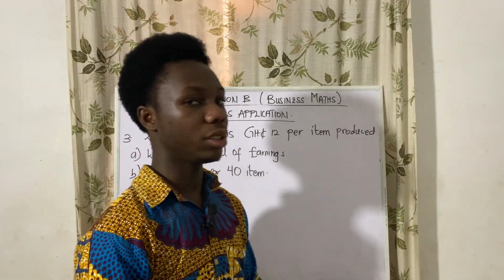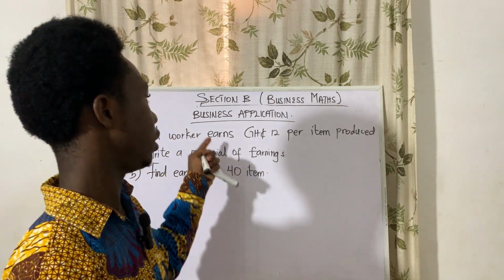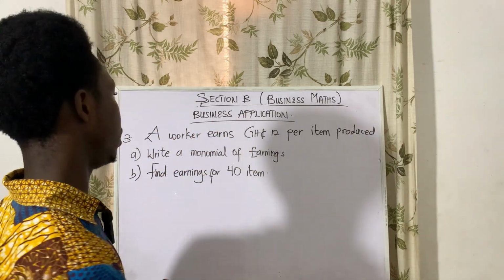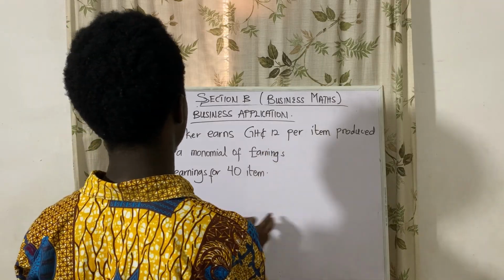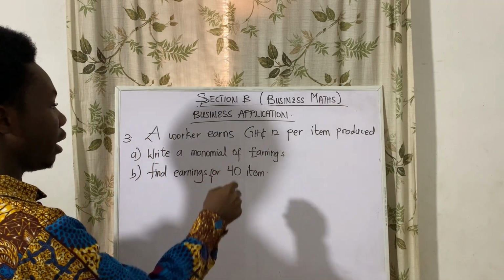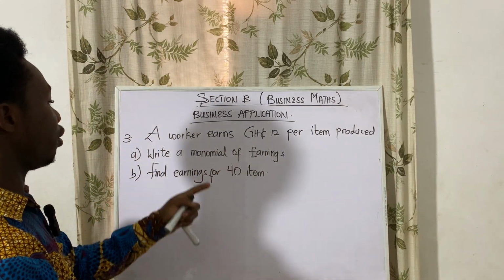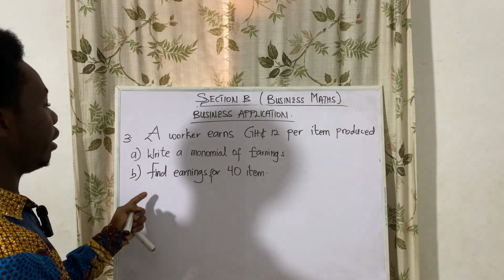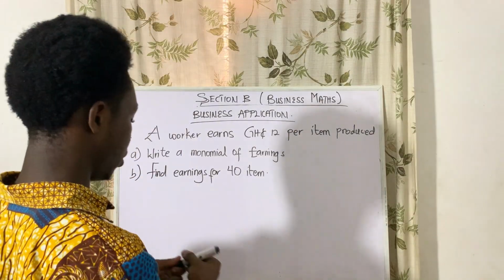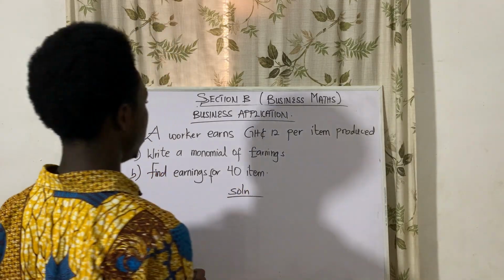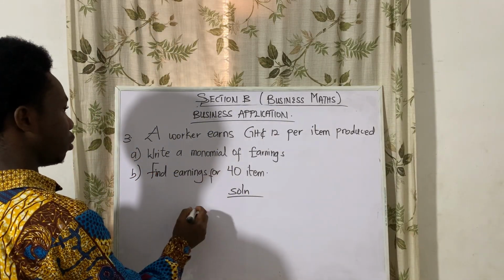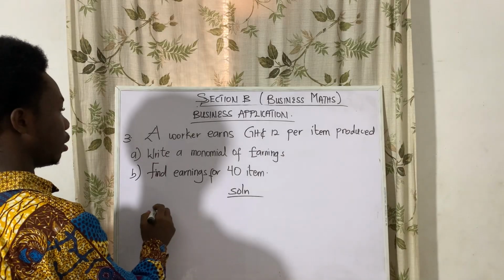Now let's look at this question. This is a section B question on business application. A worker earns 12 Ghana cedi per item produced. Write the monomial of earnings, that is A. Then B, find the earnings for 40 items. So solution over here. The number of items produced will be x, right?